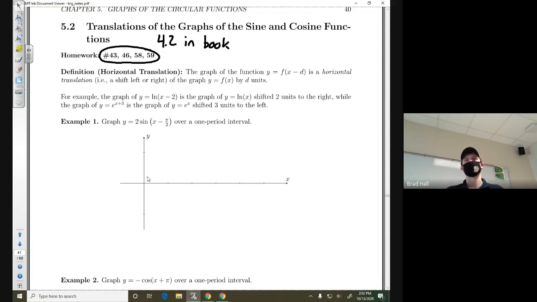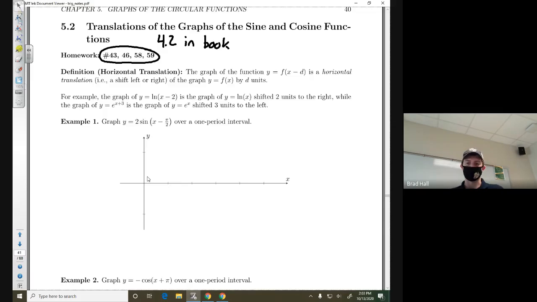What we're going to do in this section is pretty much continue from the last section. You're going to see a lot of material recycled over, but we're going to add translations, in particular characteristics of shifting a function.